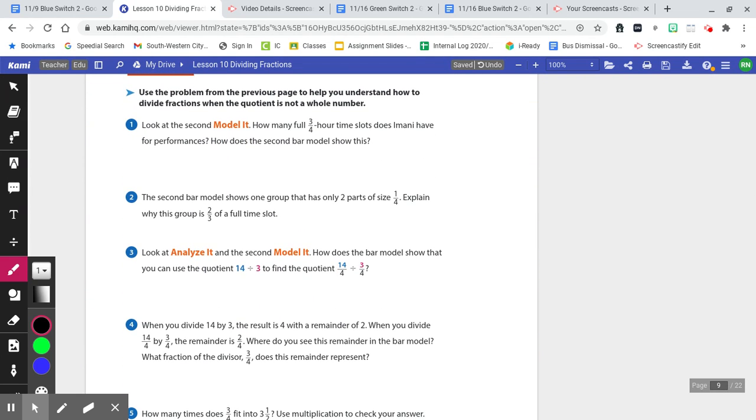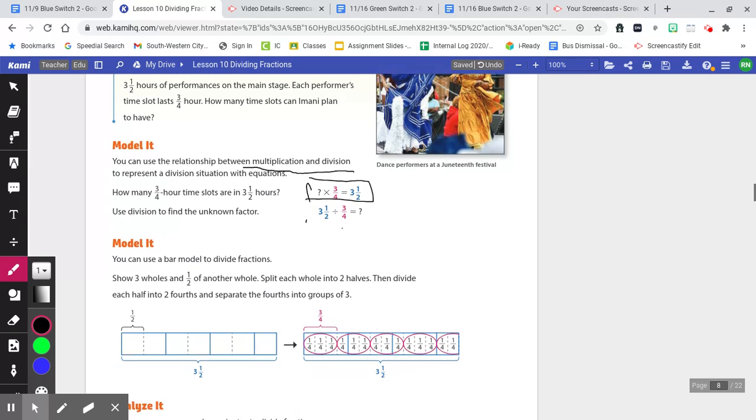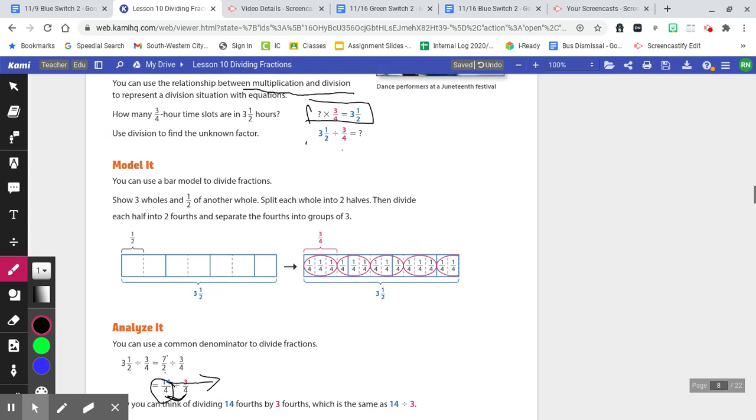Number 1, look at the model. How many full 3/4 time slots does Imani have for the performance? How does the second bar model show this? So we know the answer is 4. I have to look back at the second bar model. Okay, how does it show this?